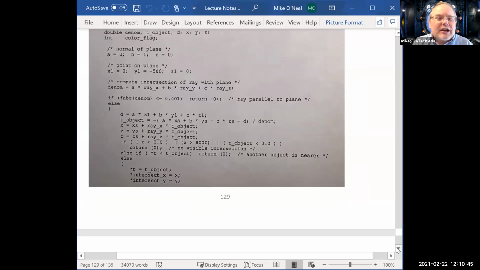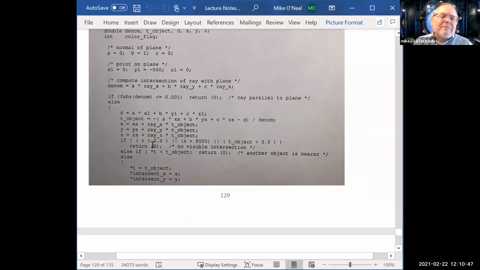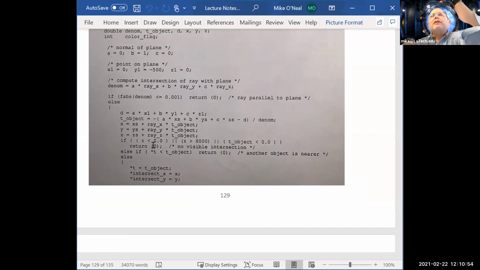And you do have to do a check here to say, remember we have these rays and we have these planes, right? What if you've got a ray that's going like this, you say, oh, it doesn't hit the plane. Well, actually, it does hit the plane down here, right? If this is my eyeball and I'm looking in this direction and my plane is over here, I do get an intersection, but it's behind the back of my head.